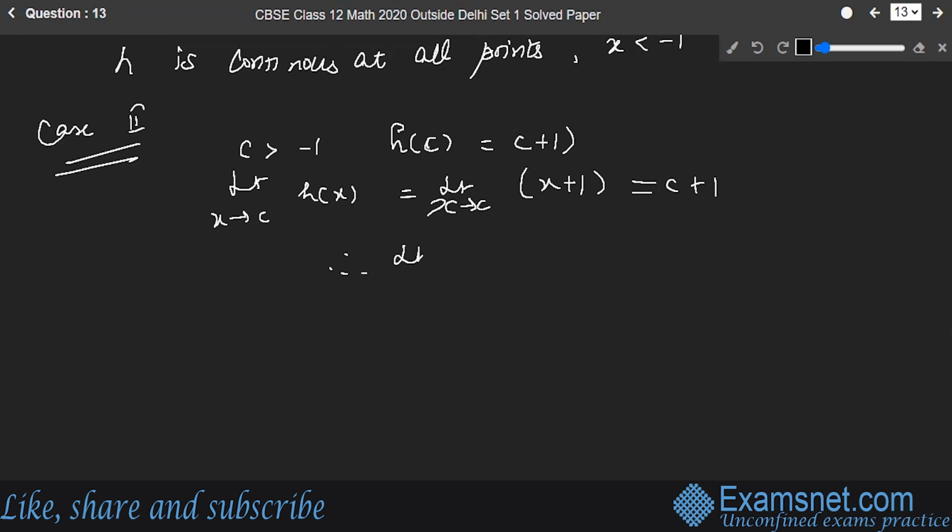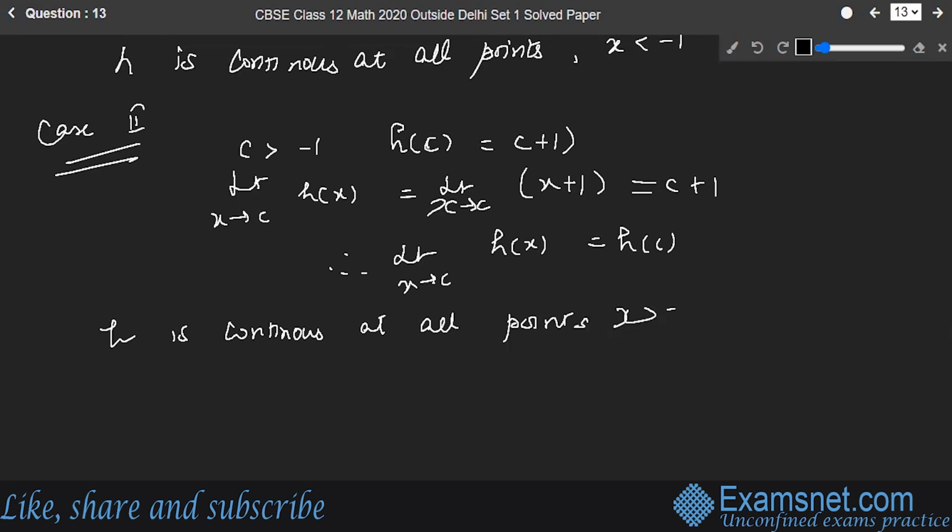Therefore, the limit as x approaches C of h of x is equal to h of C. Hence, h is continuous at all points such that x is greater than minus 1.